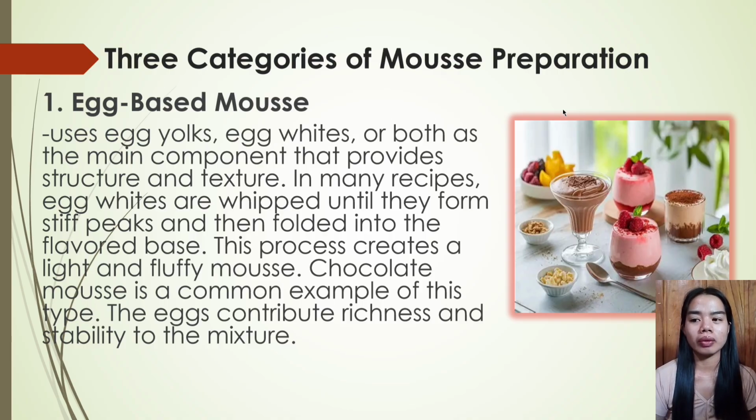Ito yung mostly na ginagawa natin kasi I know lahat naman tayo na-try na mag-bake, so alam na natin kung ano yung itsura ng meringue. This process creates a light and fluffy mousse. Chocolate mousse is a common example of this type. The eggs contribute richness and stability to the texture.